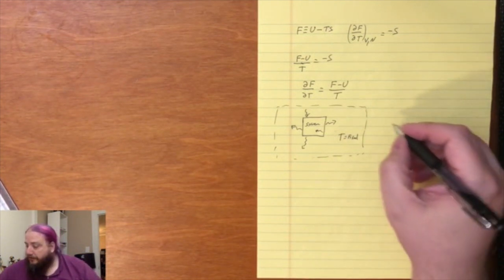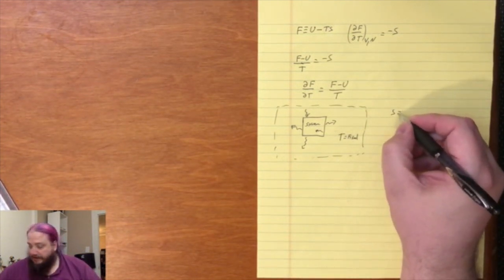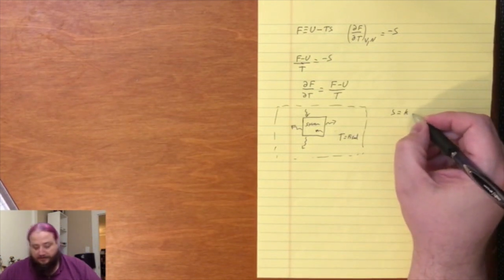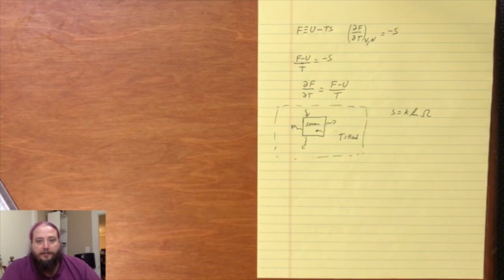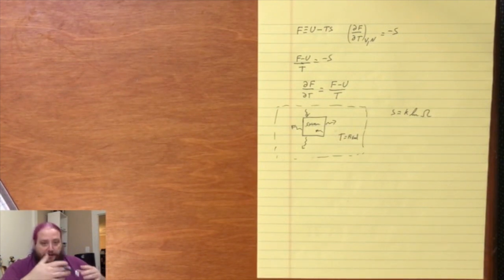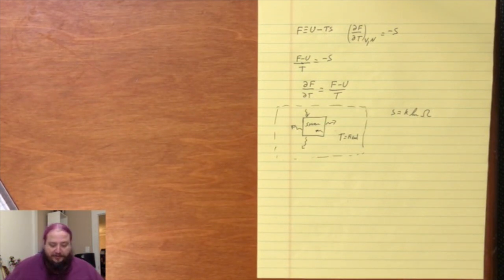Well, we know that entropy is Boltzmann's constant times the logarithm of the multiplicity, the logarithm of the total number of ways that you can arrange a particular macrostate. Well, we have another quantity which is something like the total number of available states, which is our partition function.